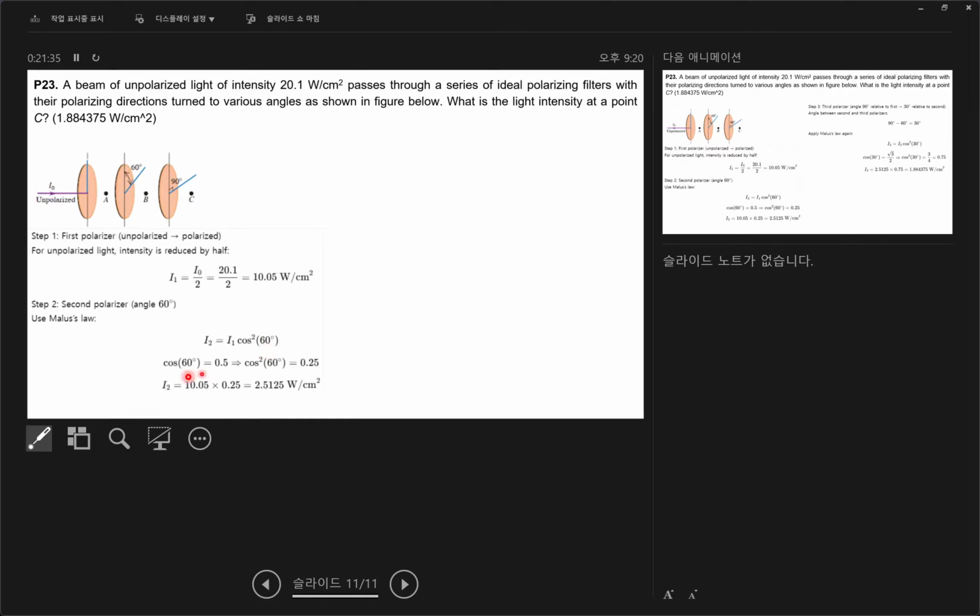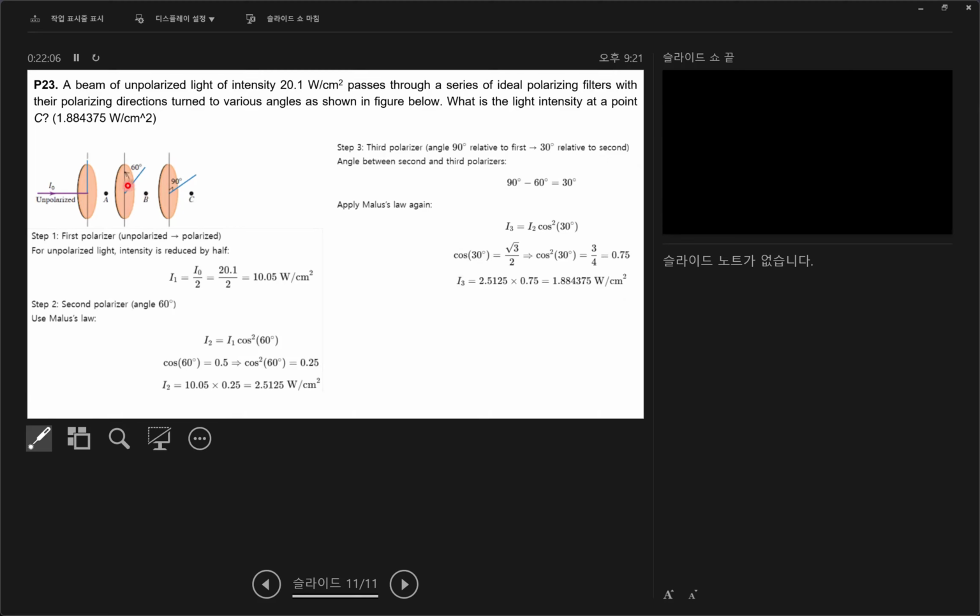With cosine squared, you get I2. And then it's time to think about this final one. Note that this angle is the initial polarization reference of the electric field to the polarizers, so you need to make sure that the angle between these two polarizers is actually 30 degrees.